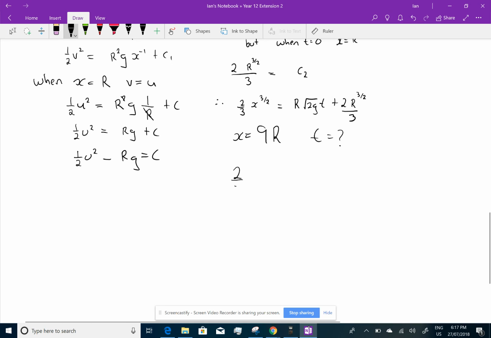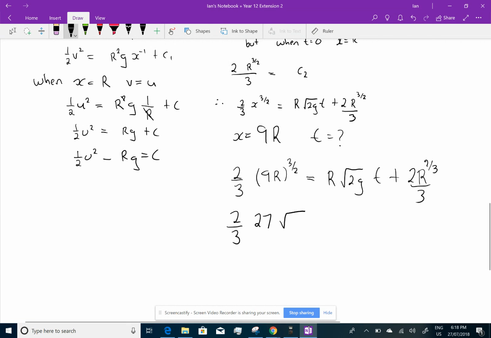When x equals 9r, what is t? So 2/3 9r to the 3 on 2 equals r root 2gt plus 2r to the 3 on 2 over 3. Now, 2/3, that's going to be 9 square root is 3 cubed, 27.